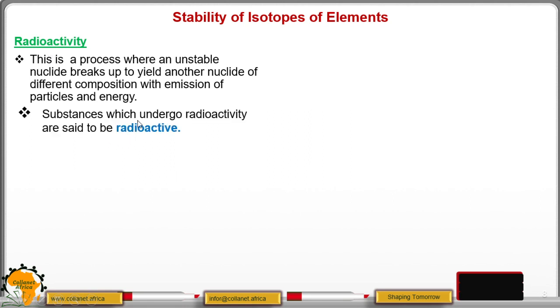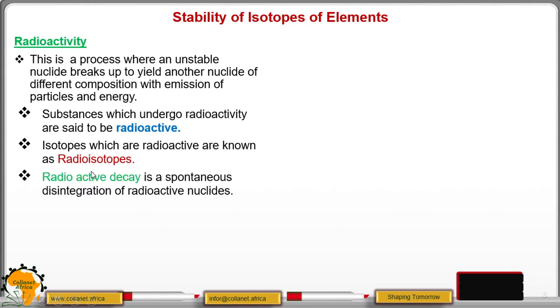Now, those substances that undergo radioactivity, we call them radioactive. And isotopes which are radioactive, we call them radioisotopes. Note that isotopes we defined earlier. If these isotopes undergo radioactivity or radioactive decay, then we call them radioisotopes.